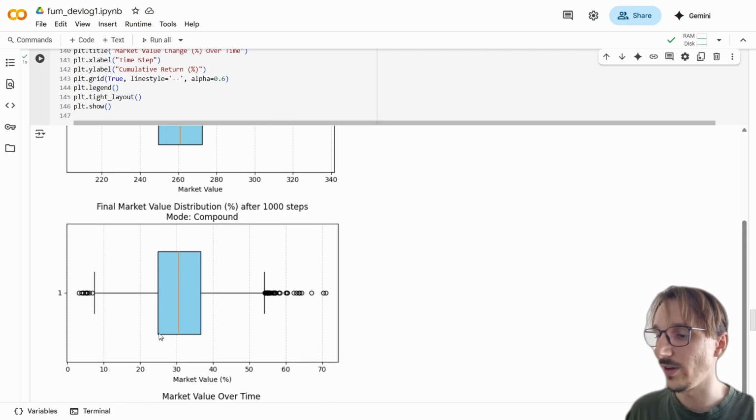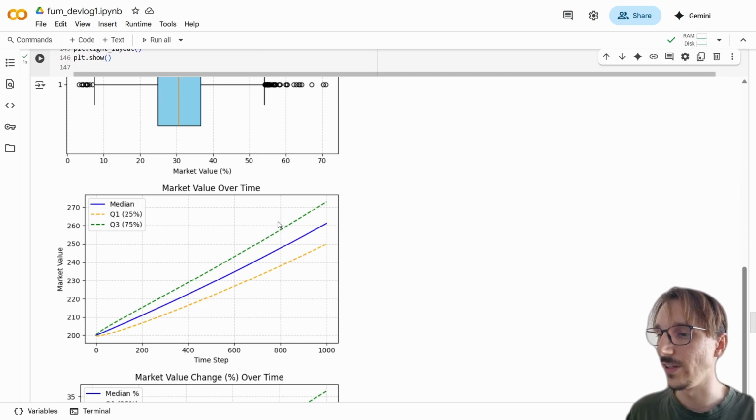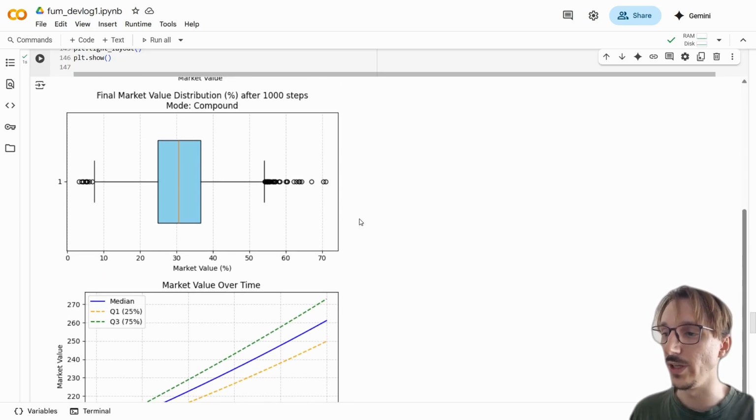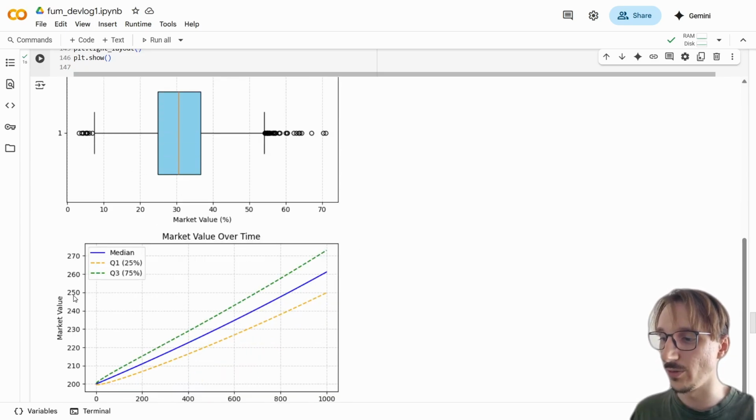The next box plot is the same but expressed as a percent. So you got a 50% chance of having around a 25 to 35 increase of the market. And the last graph is basically the box plot, but just over time, over the iterations here. And you can see that at the end, we find again the two values, 250 as a low quartile one here and 270 as quartile three.